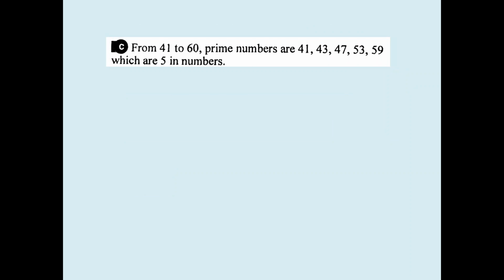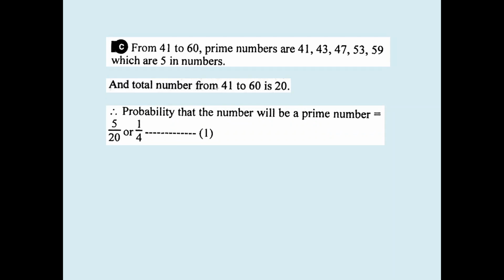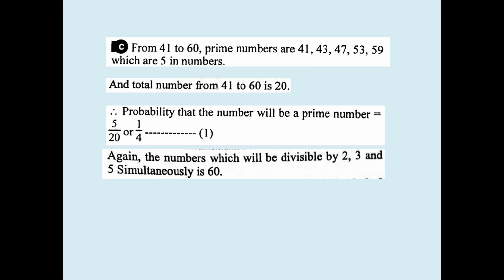Now, answer of question number C. From 41 to 60, prime numbers are 41, 43, 47, 53, 59, which are 5 in number. And the total number from 41 to 60 is 20. Therefore, the probability that the number will be a prime number equals 5 by 20 or 1 by 4. This is equation number 1.